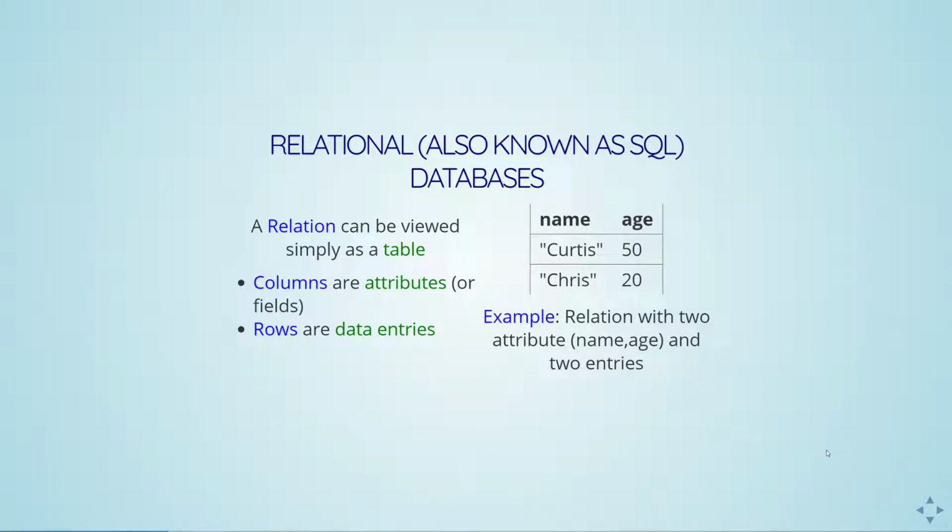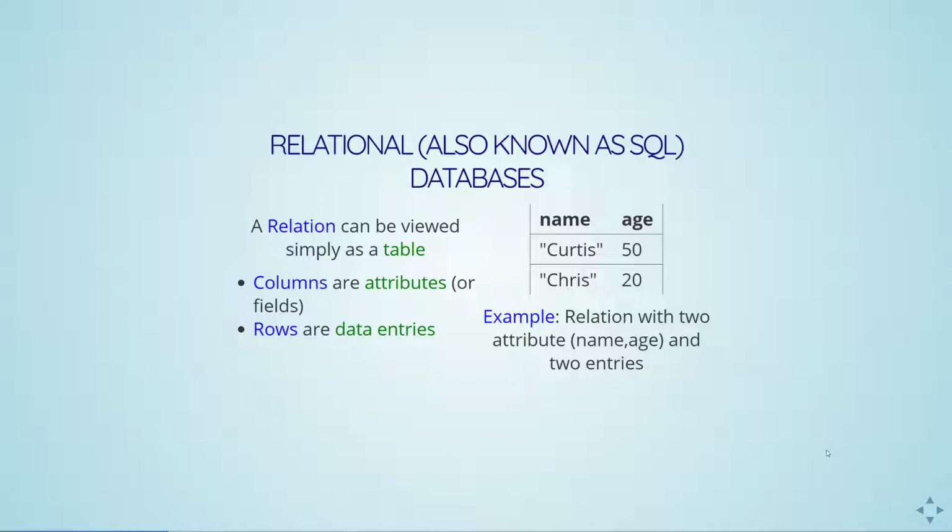So what do I mean by relational? Any of these SQL databases that you've heard of before are all relational databases. I'll give you a more mathematical definition of a relation on Friday, but for now, let's just think of a relation as a table.